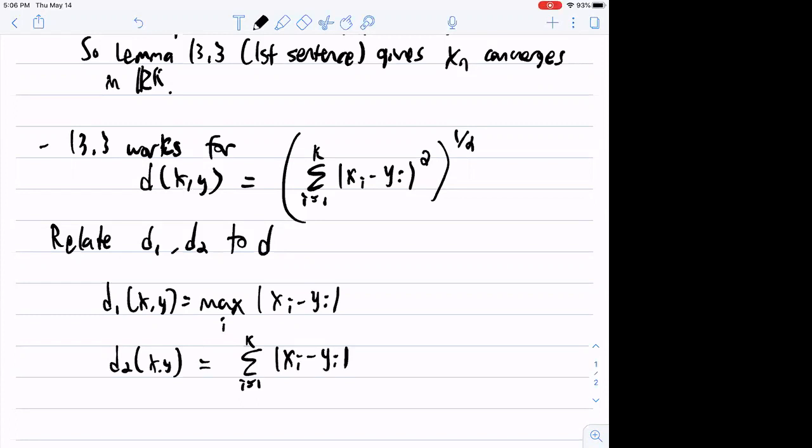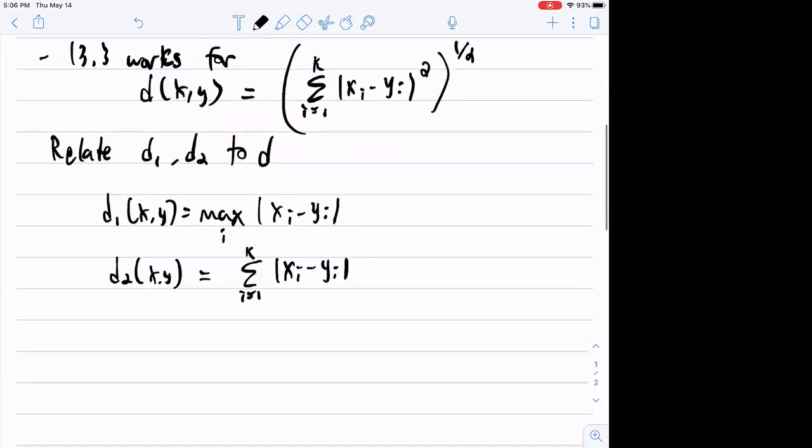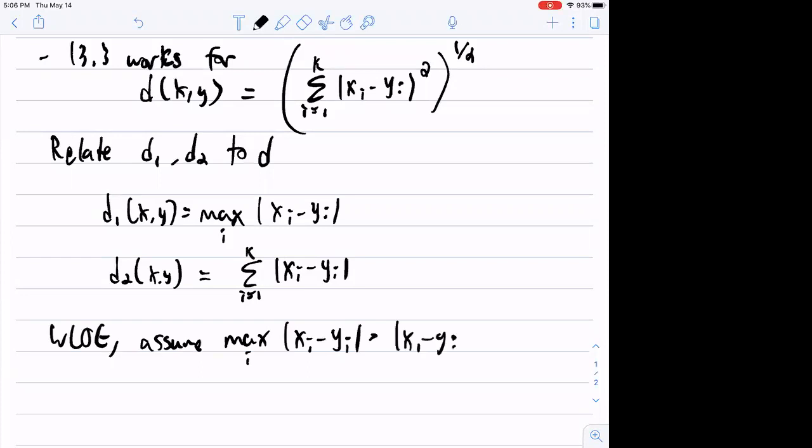Okay, so let's do d1 first. Let me just show you, without loss of generality, assume the max is one of them, right? If you just reorder the numbers, let's assume it's x1 minus y1, just for simplicity.